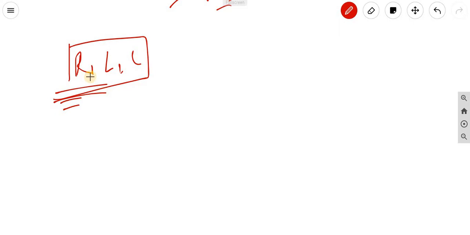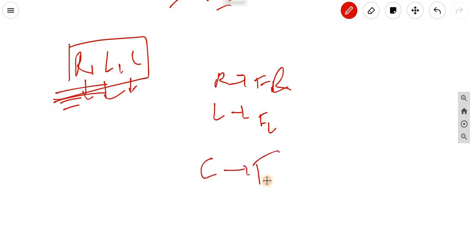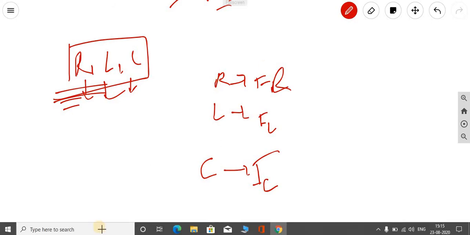we just discussed that RLC is a load element. Now if RLC is present in the network, what will be the nature of the current through the resistance, the current through the inductance, and the current through the capacitance?